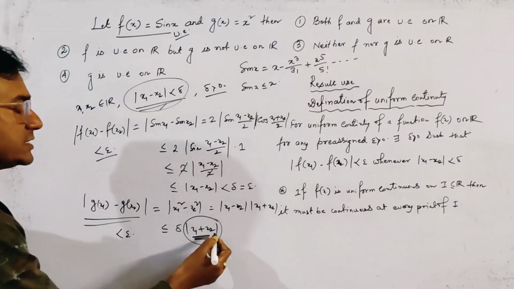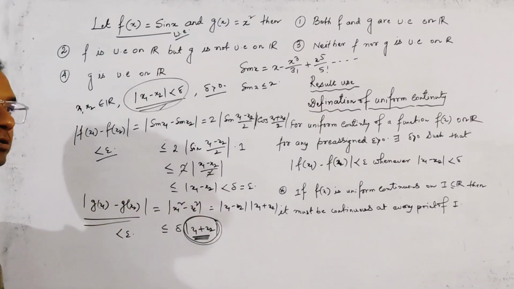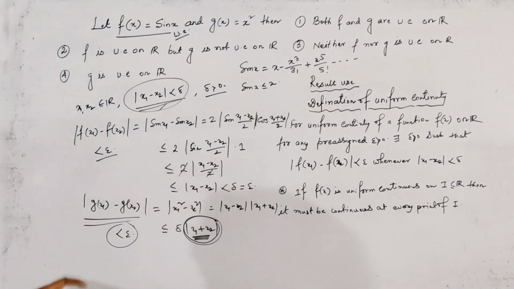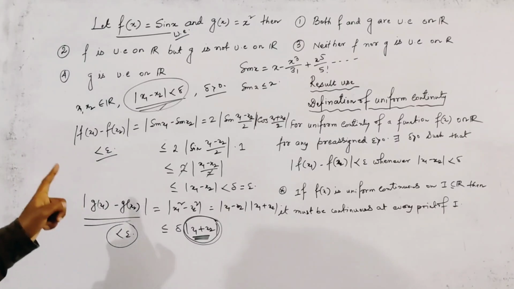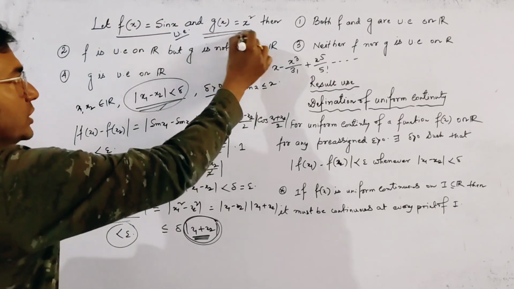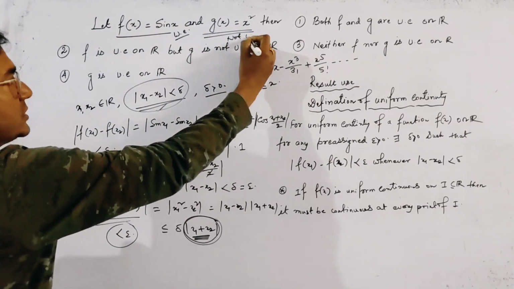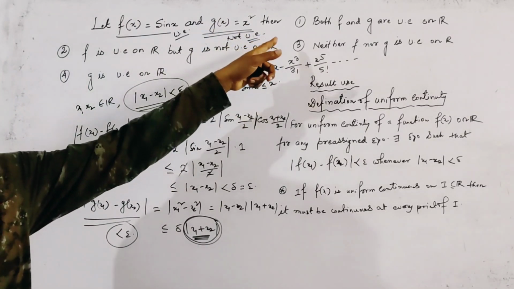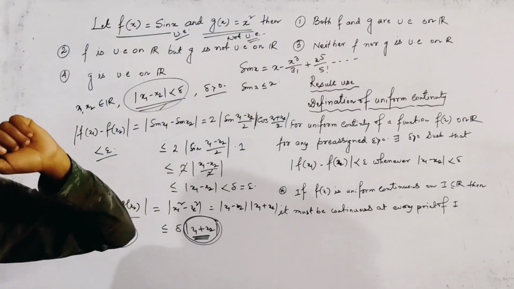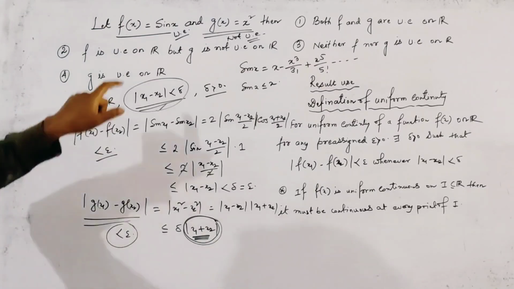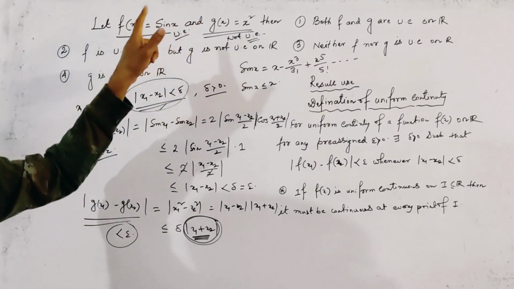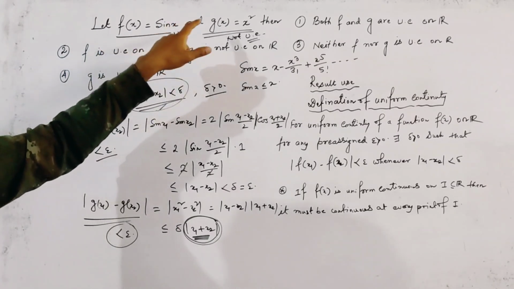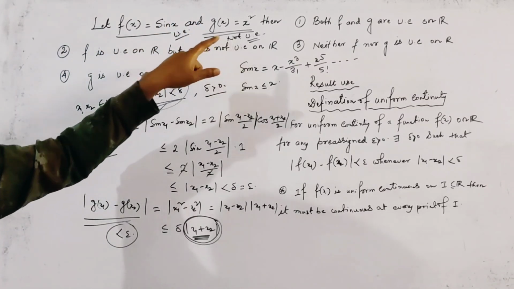So we cannot make this small, we cannot write this is less than epsilon, and we say that this function g is not uniformly continuous. But we know that g(x) is a polynomial function, so it must be a continuous function. So our answer is f(x) and g(x) are both continuous, but the first one is uniformly continuous and the second one is not uniformly continuous.